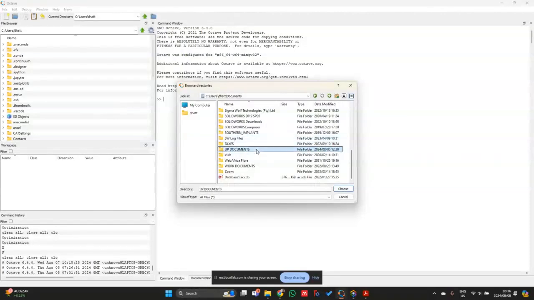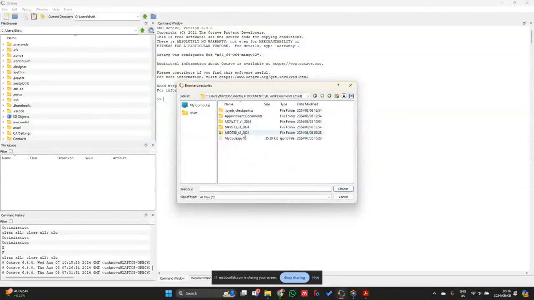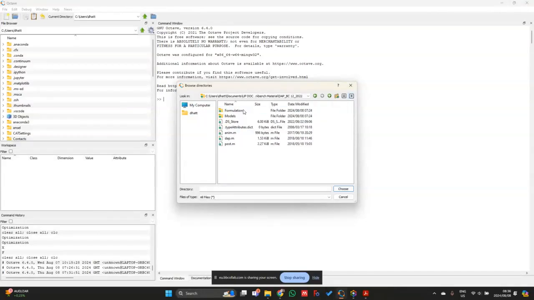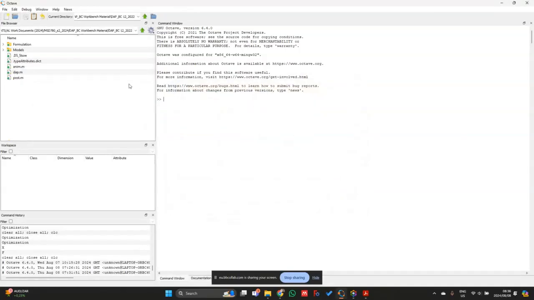In my case, I'm going to go to Documents, and then we have the DAP BC 12 that we're working with. If I open this one, you'll see it has these formulation, models, anim, DAP, post files in here. I don't want to go into one of these folders, I instead want to work in this global folder, so I'm going to click on choose. Okay, and then it opens up this folder that we're going to work in.